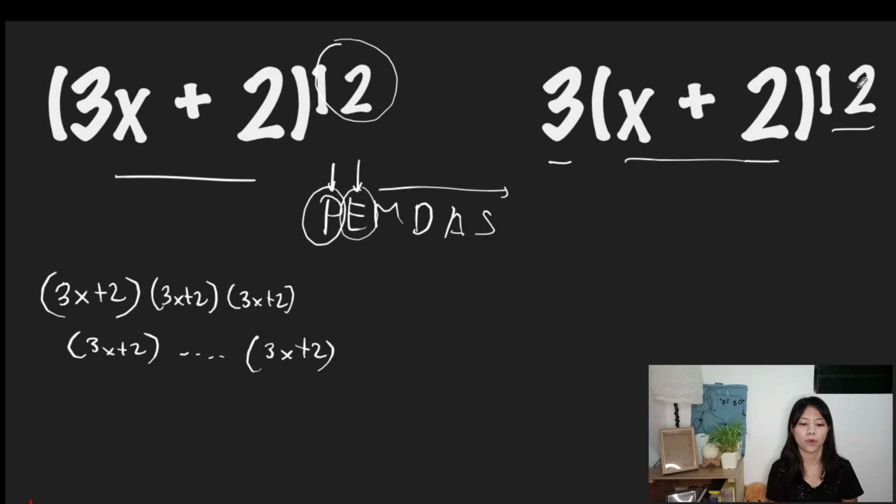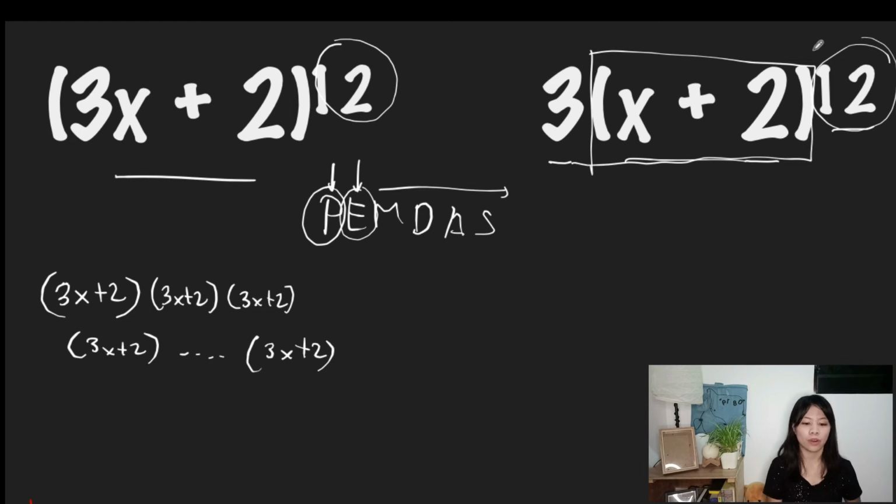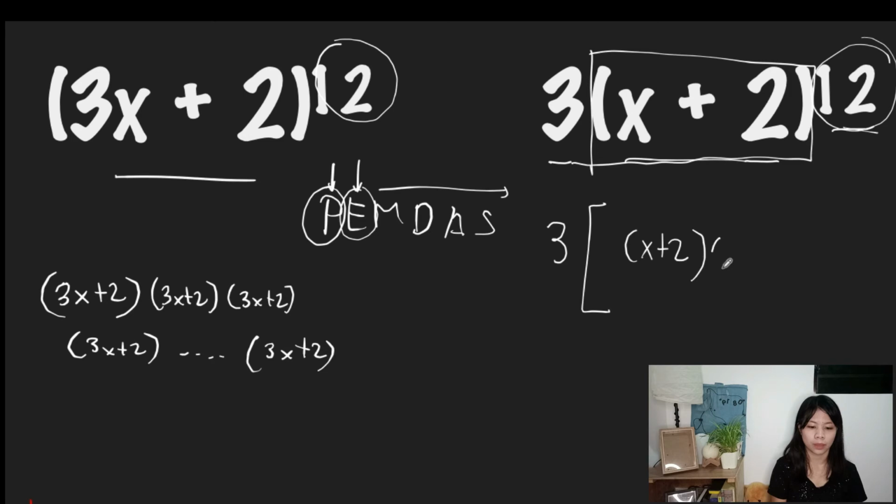Hindi mo i-eexponent yung buong 3 times x plus 2 sa 12. Ang i-eexponent mo lang po ay yung nasa loob nung parentheses. Itong x plus 2. Siya lang po yung pwede mong i-raise sa 12. So, yung parentheses, nag-i-indicate siya kung ano yung dapat mong i-prioritize, kung ano yung dapat mong unahin or kung ano lang yung nire-raise mo sa exponent. So, ibig sabihin, 12 x plus 2 na pinag-multiply mo sa isa't isa.